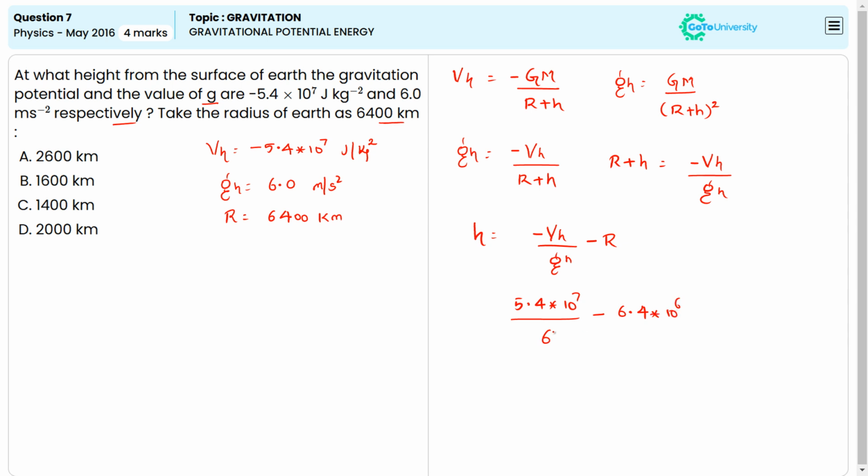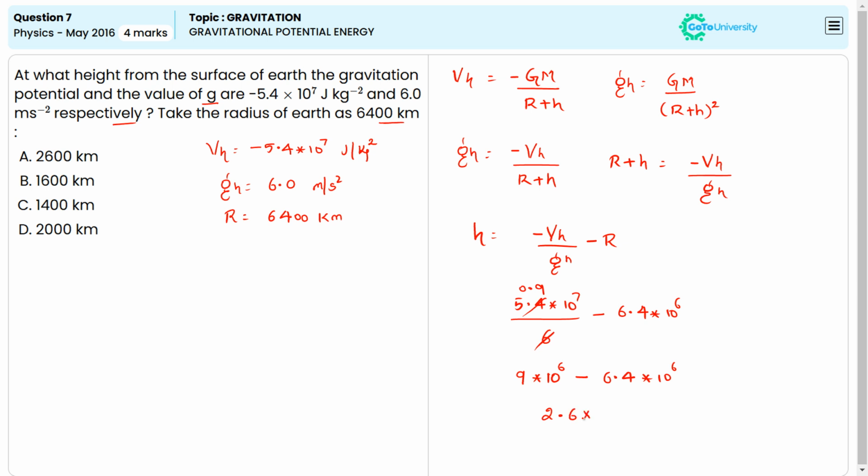Then 5.4 divided by 6 is 0.9. Then we can write this as 9 into 10 to the power of 6 minus 6.4 into 10 to the power of 6.